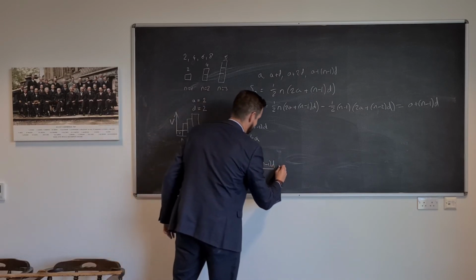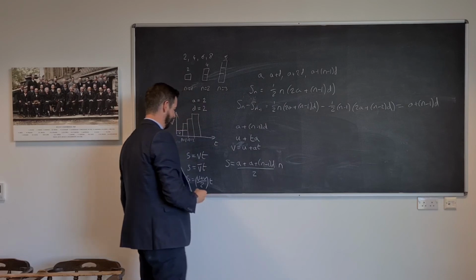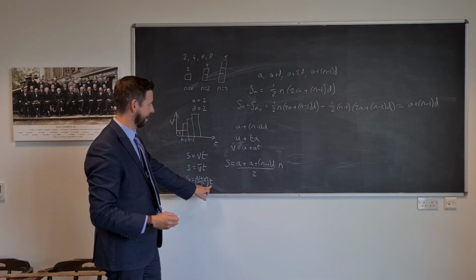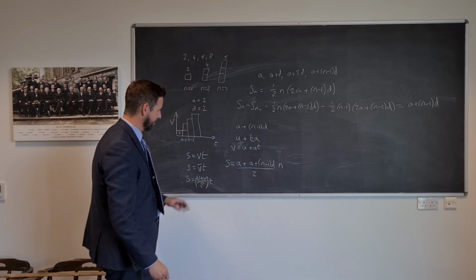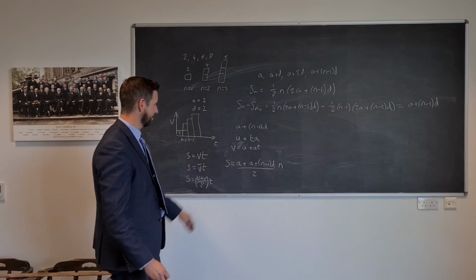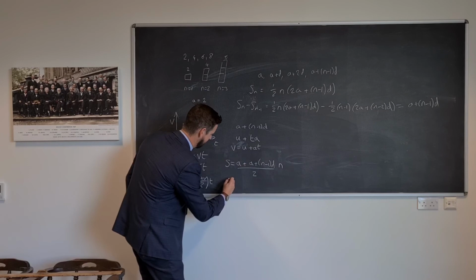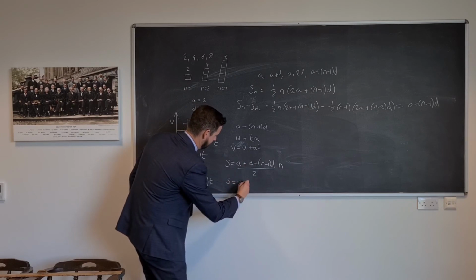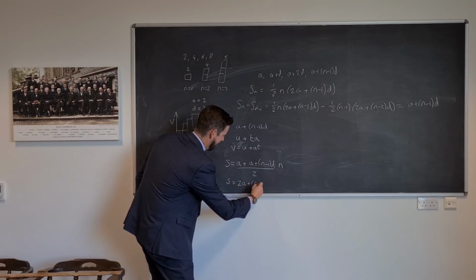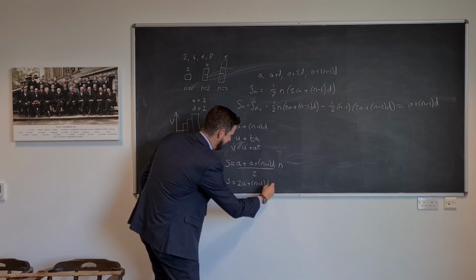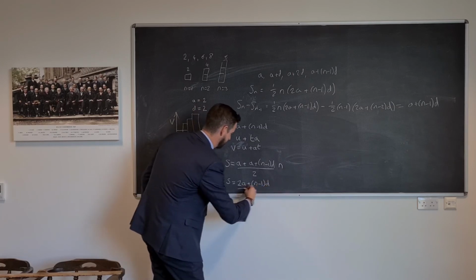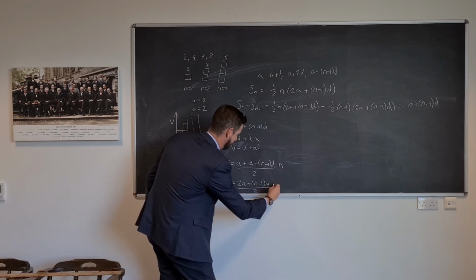So I'm going to put an n just here, and you're going to see why in a minute, to represent the time. So we have this formula here. We can now collect some terms, and so that's what we're going to do. We've got 2a now, so we're going to have s equals (2a plus n minus 1 d), all multiplied by n and divided by 2.